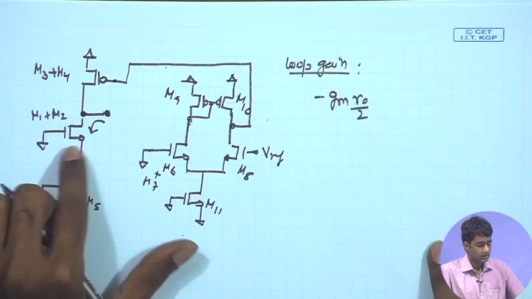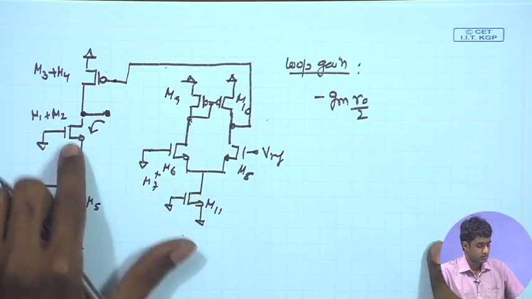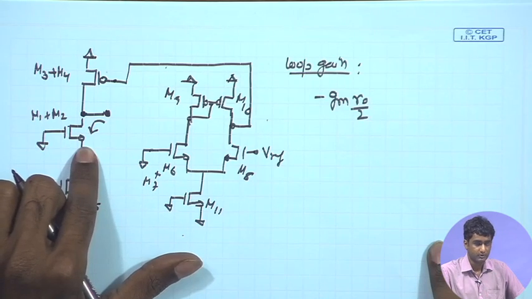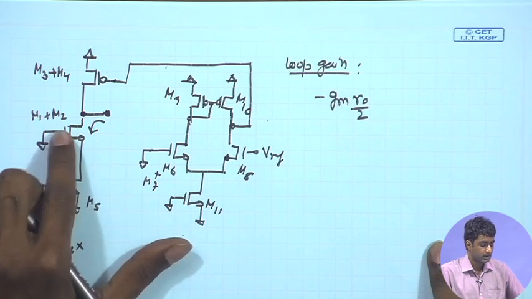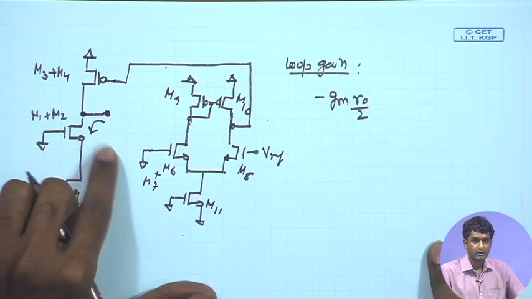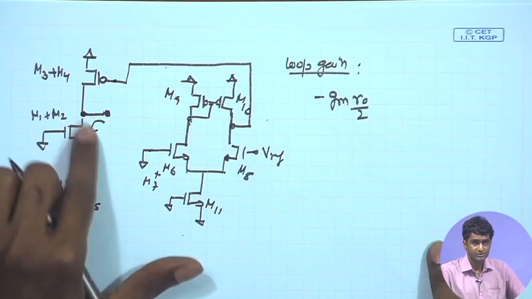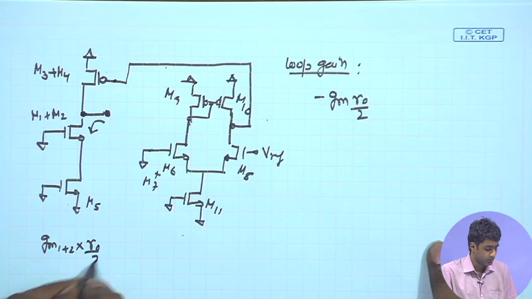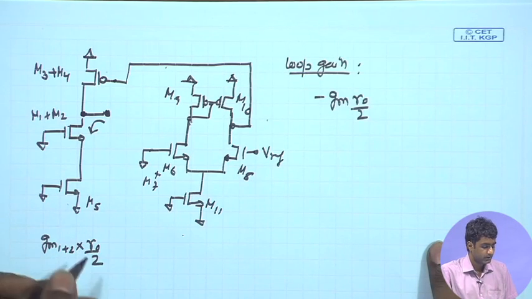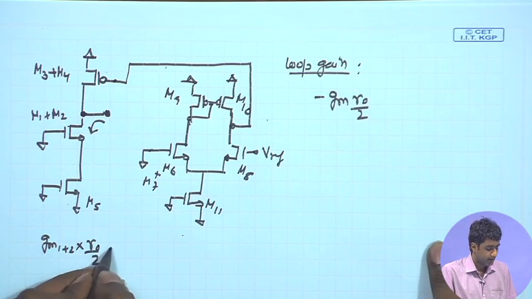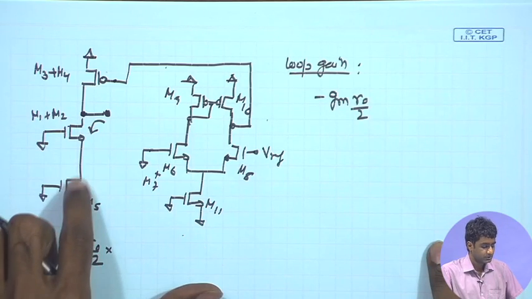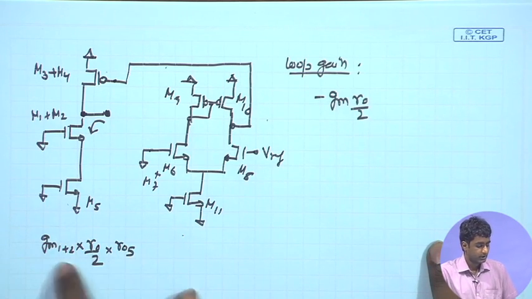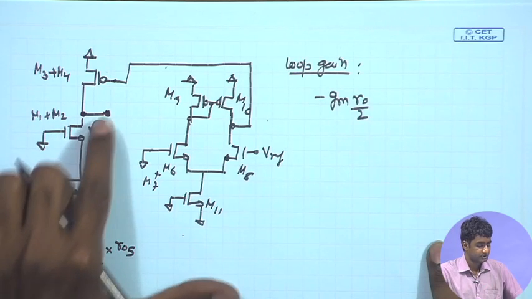The total current flowing through the pair is of course double, so the RO of the combined transistor is going to be half of the RO of the individual ones. So, I can just write down RO by 2, and in fact, this GM1 plus 2 we can write as 2 GM, and this times the RO of M5, so RO5. So, this is effectively the overall small signal resistance looking into the drain.